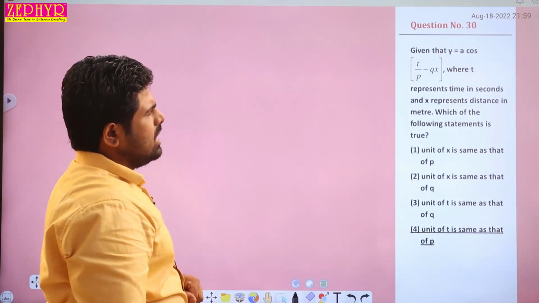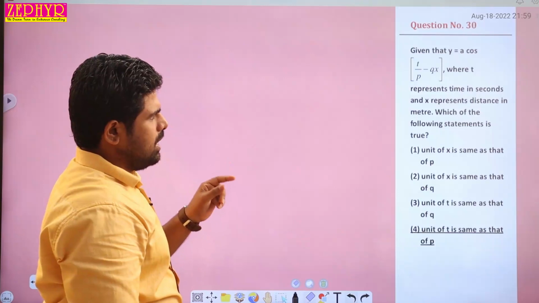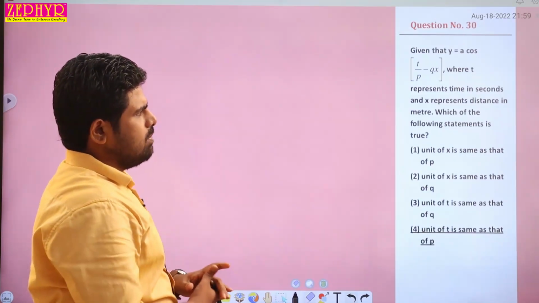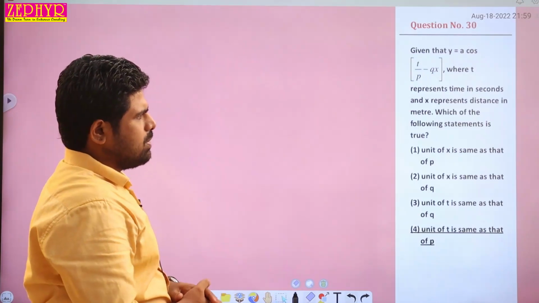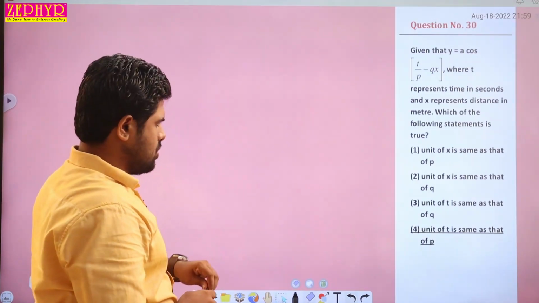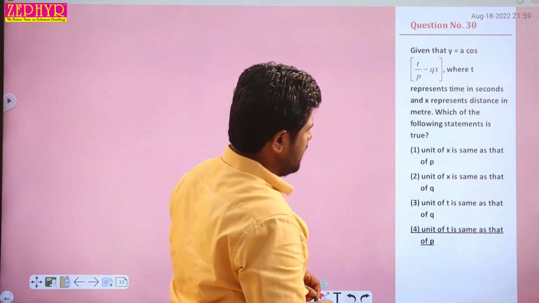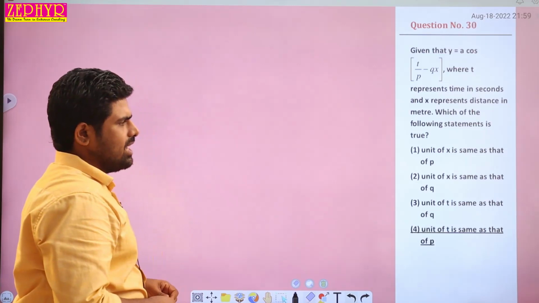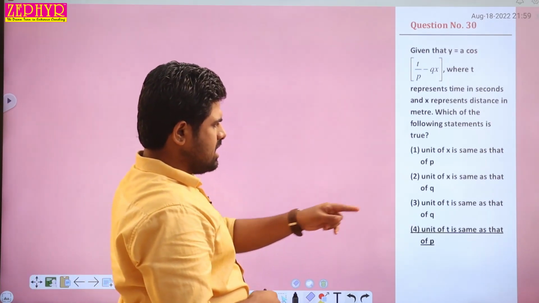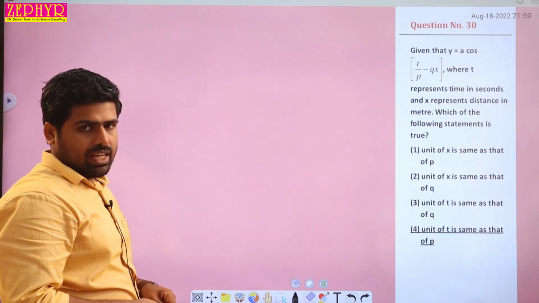Given that y is equal to a cos (t by p minus qx), where t represents time in seconds and x represents distance in meters, which of the following statements is true? The options are: unit of x is same as that of p, unit of x is same as that of q, unit of t is same as that of q, unit of t is same as that of p.